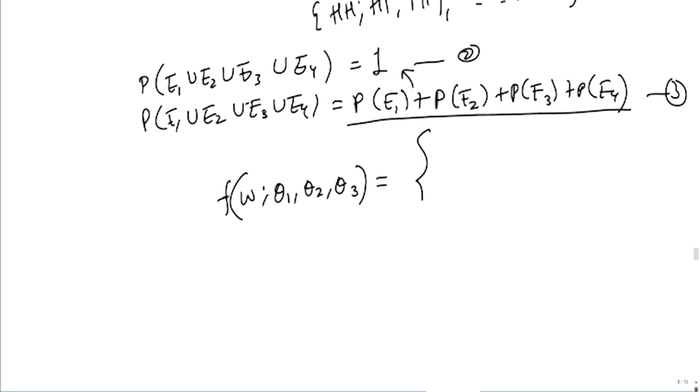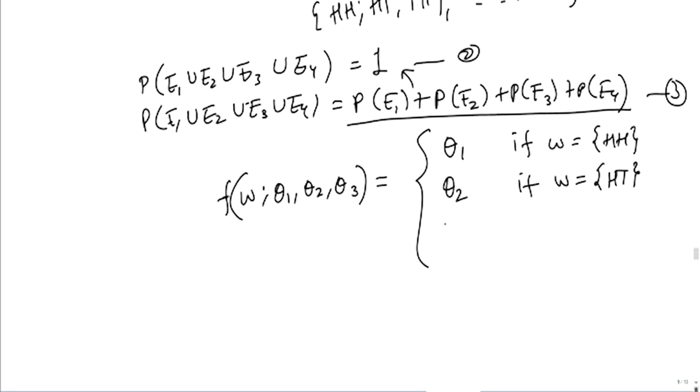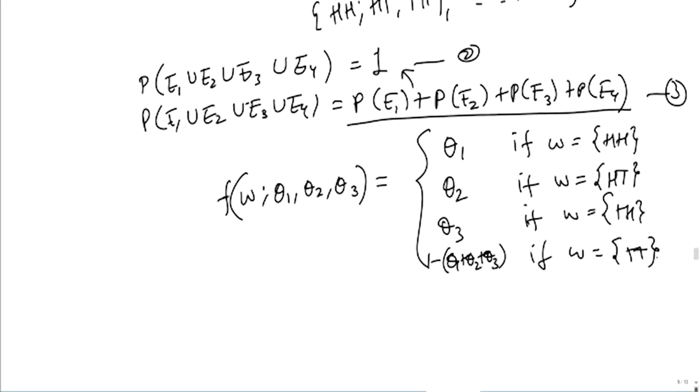Because you will need to define probabilities like this, that the value of this function would be theta 1 if omega is, let's say, HH, and it would be theta 2 if omega is HT, theta 3 if omega is TH, and 1 minus (theta 1 plus theta 2 plus theta 3) if omega is TT.